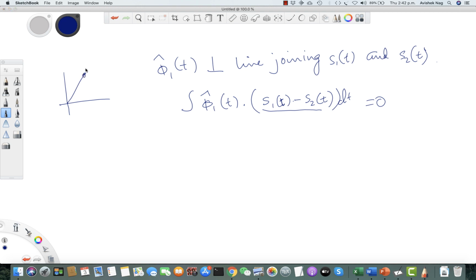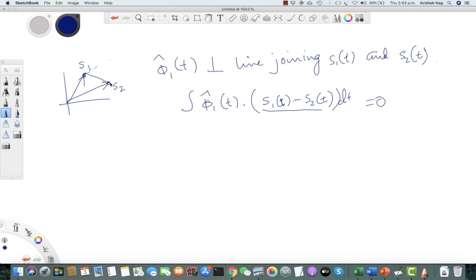So let's say this is my S1 and this is my S2. These are two vectors in this direction. If you do S1(t) minus S2(t), then what you are trying to achieve is this line.